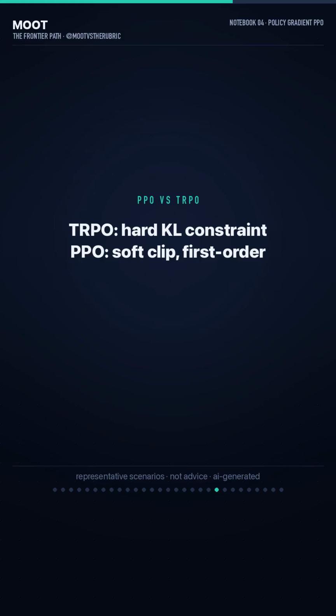PPO's insight is that the clip achieves a similar trust region effect with nothing but first-order gradients and standard Adam. It is far simpler, plays nicely with normal deep learning tooling, and empirically performs just as well. That simplicity is why PPO won.